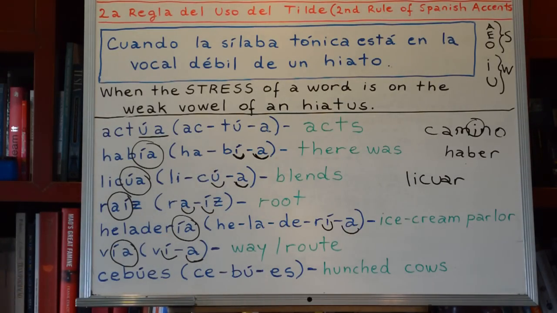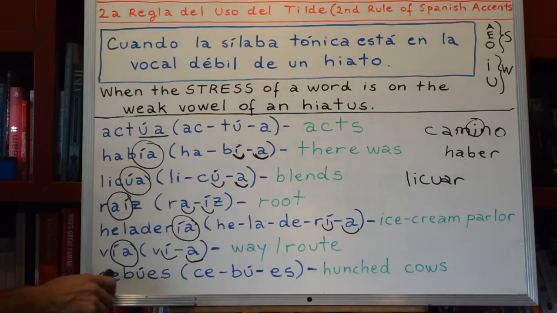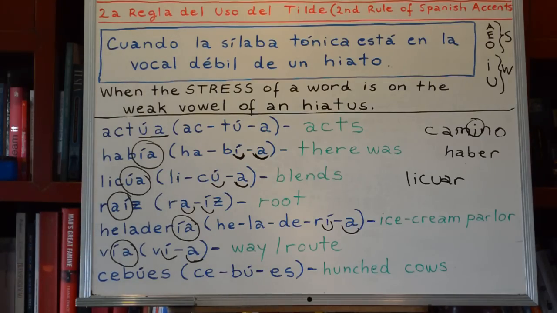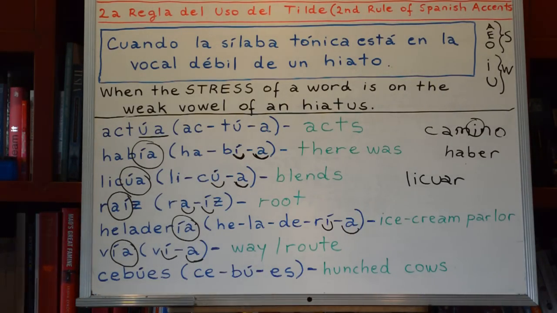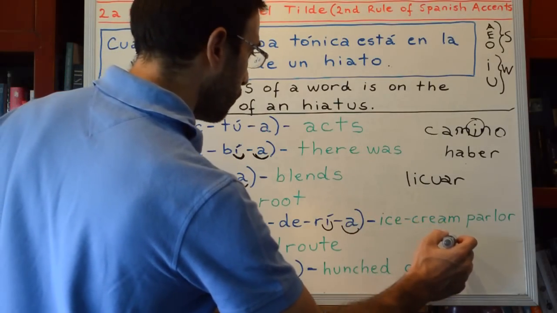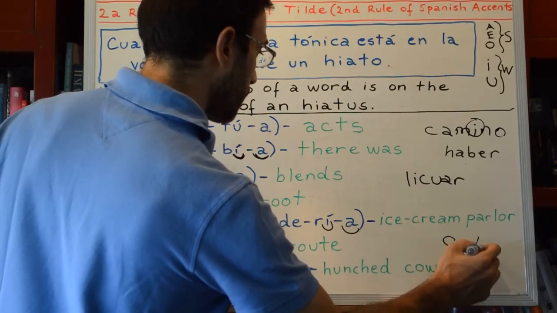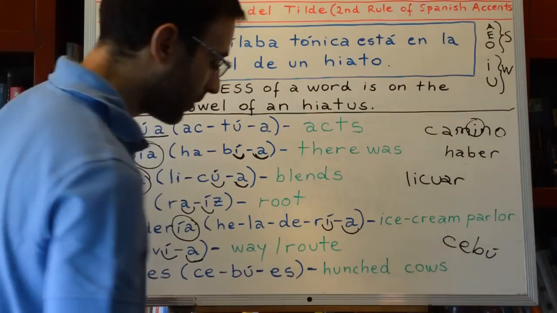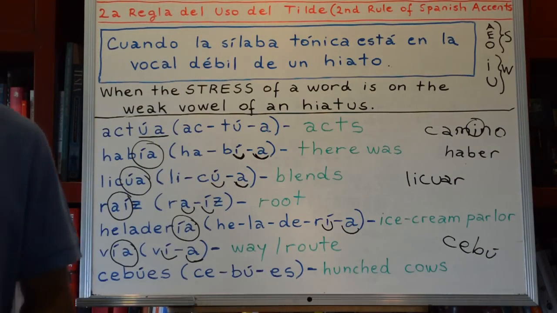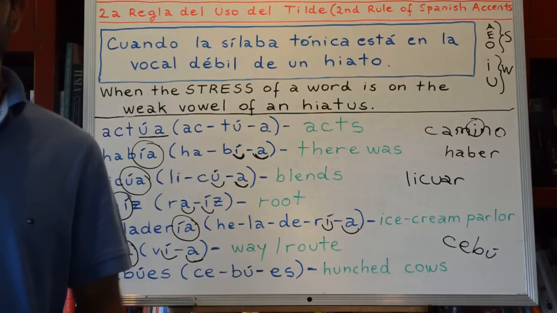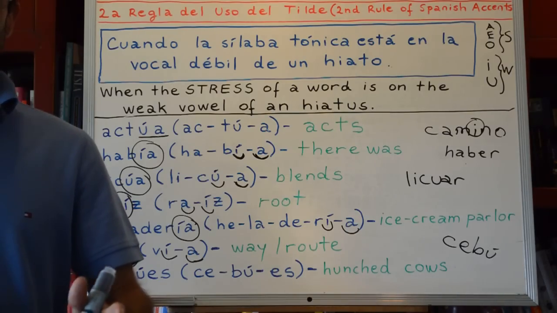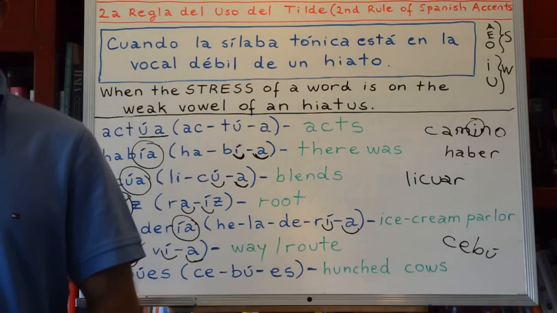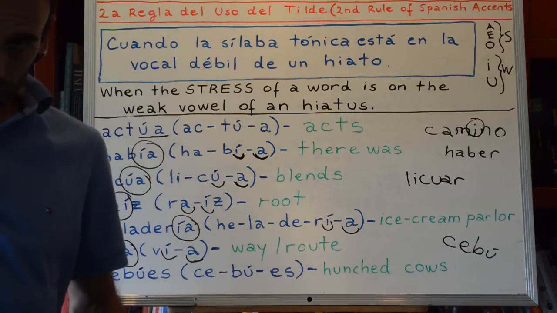Our last example is sebúes. Sebúes is a plural word, the plural word for cebú. What is cebú? Cebú is a type of cow. It's that grayish, whitish cow that has a big hunch.